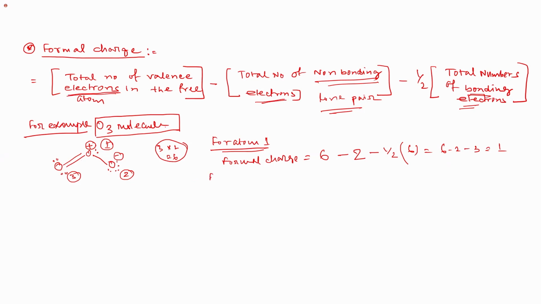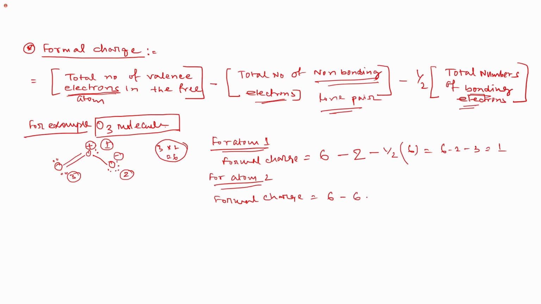Now for atom 2, the formal charge. Every oxygen atom has 6 valence electrons, so it is 6 minus the number of non-bonding electrons.